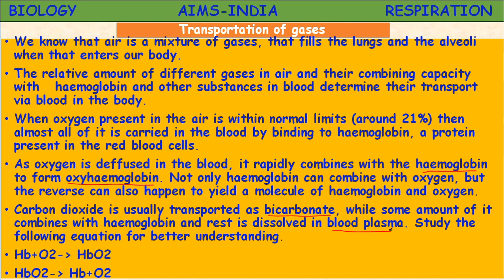At a height of 13 kilometers, about 8 miles above sea level, the concentration of oxygen is much lower, about one fifth of that at sea level, because at normal level the oxygen percentage is more, but when you are climbing up, the oxygen percentage decreases. At that time what happens?